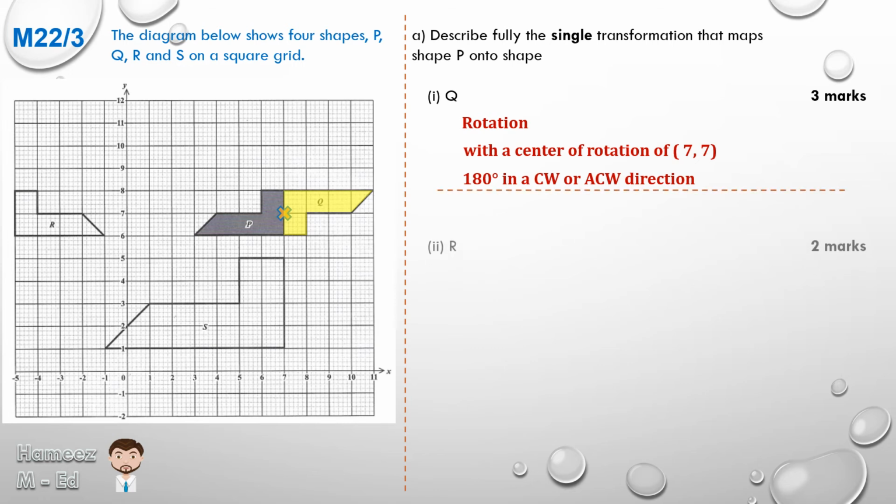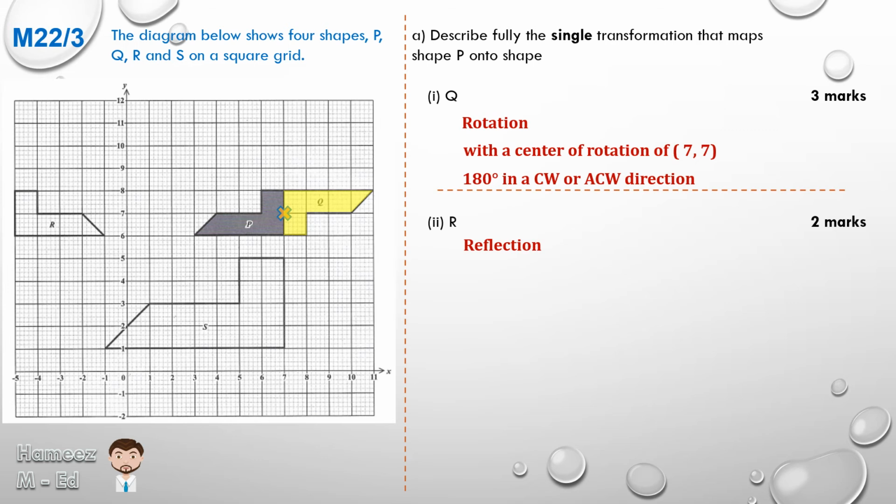Part 2. Describe how shape P moves onto shape R. So let's look back at shape P, which is shaded, and shape R is to its left, and we can clearly see that that is a reflection. And when we're describing reflection, we need to know where the line of symmetry or the mirror line is located.